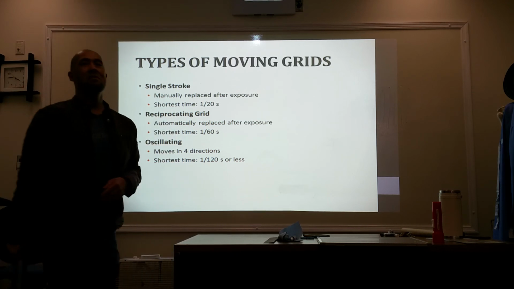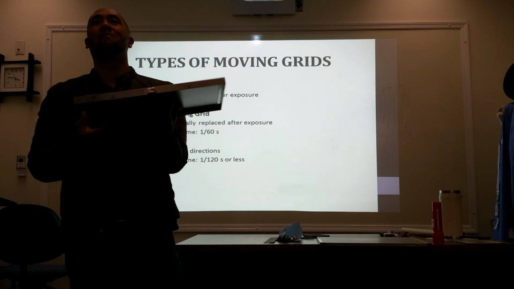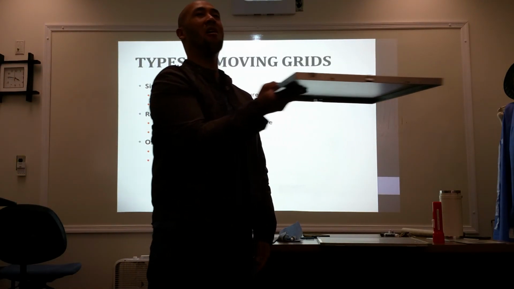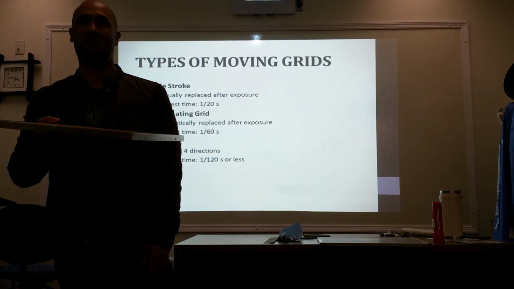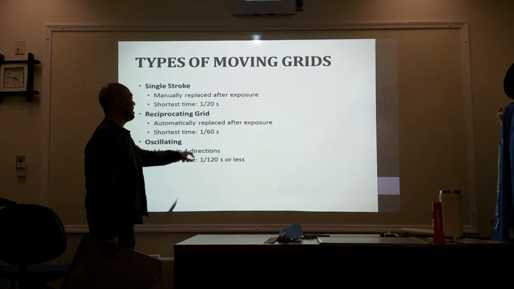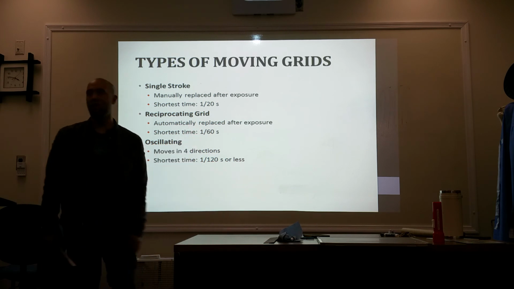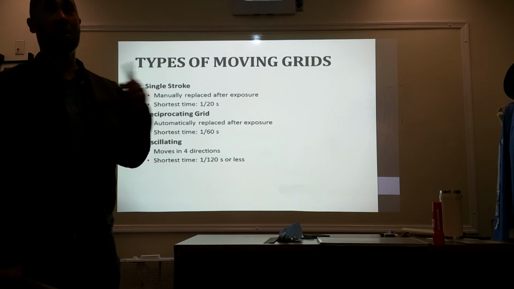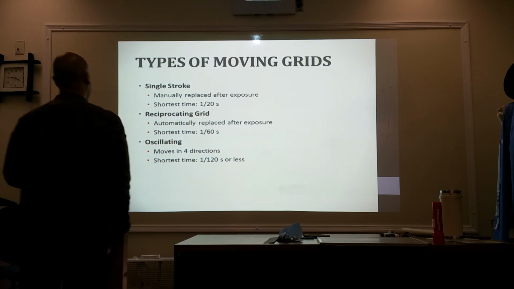Reciprocating grid, okay, extra step. It goes across during the exposure. After exposure, it automatically comes back into start position. Shortest time of 1/60th. Anything shorter than that, it's not going to work properly. Oscillating is what you will find in most of our modern day equipment. It's oscillating.